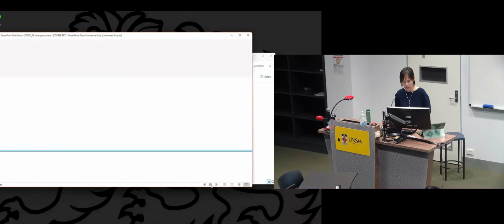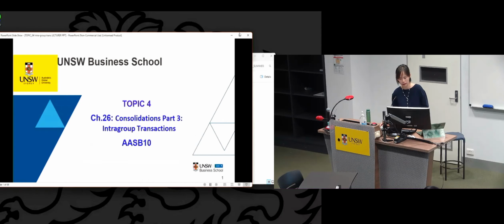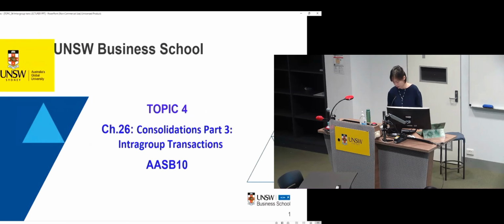In the previous session, we learned how to prepare the worksheet entries on acquisition day and subsequent to the acquisition day, and focused on only the first two types of adjustment in the worksheet, namely the fair value revaluation entries on consolidation, and the pre-acquisition entries. Okay. So these two types of adjustments are required in your consolidation worksheet.